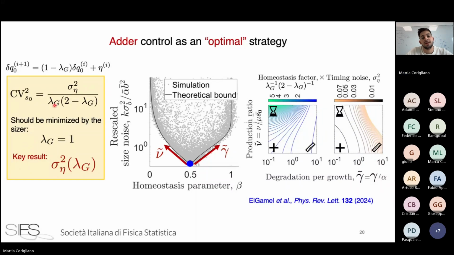If this wasn't the case, of course this term would be minimal at lambda g equal to 1, which is the sizer. But actually, since molecular noise makes this quantity dependent on lambda g, they found that the actual minimum is in correspondence to the adder. And this is due to a trade-off between minimizing timing noise and minimizing this term, which is called the homeostasis factor in their paper, basically.